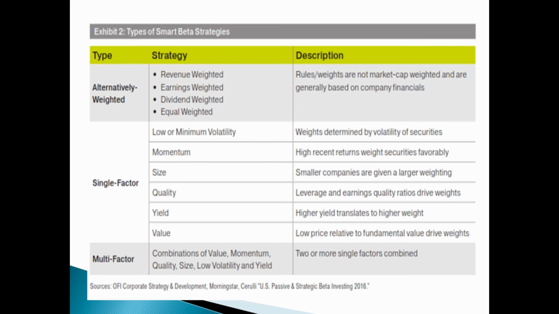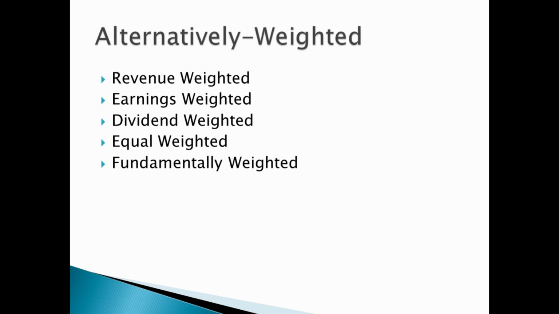To us, those are factor funds, certainly, but they're not really smart beta funds. The analogy to think about is that a Rolex is a watch, and all Rolexes are watches, but not all watches are Rolexes. So all funds that, let's say, focus on factors are not smart beta funds, but all smart beta funds do have some focus on factors. So under alternatively weighted, let's move on to the next slide.